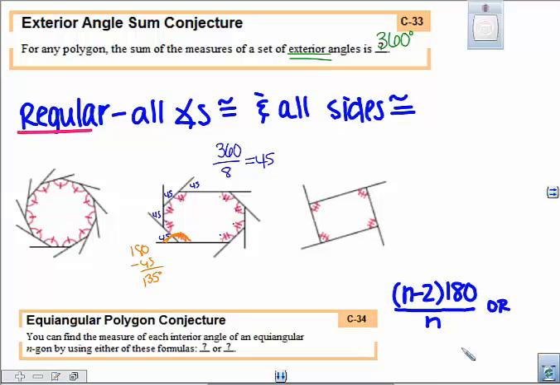Or the second one is by using your exterior angles. So you do 360 divided by how many angles there are, and you subtract that from 180. So either of those rules or formulas can be used to find the interior angles of a polygon.